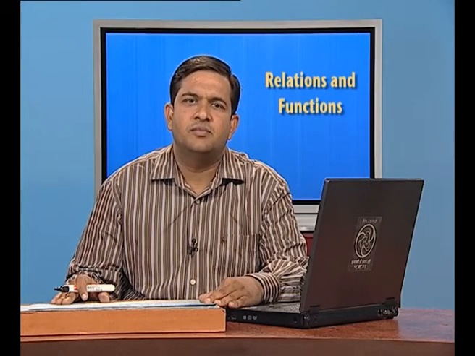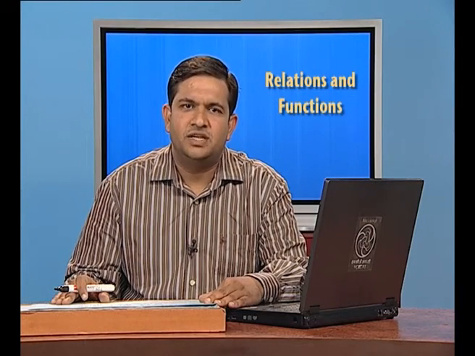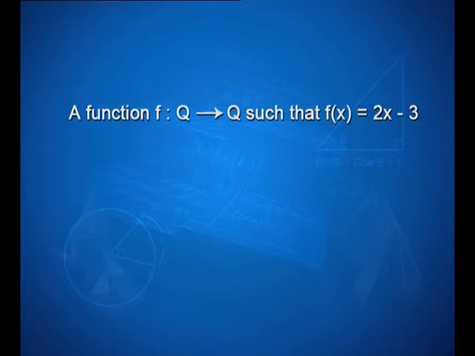Let us take another example to explain bijective function. A function f from set of rational numbers to set of rational numbers such that f(x) equal to 2x minus 3. Now, we have to check whether this function is bijective or not. Means to prove this function is bijective, it is sufficient to prove this function is 1 and onto.